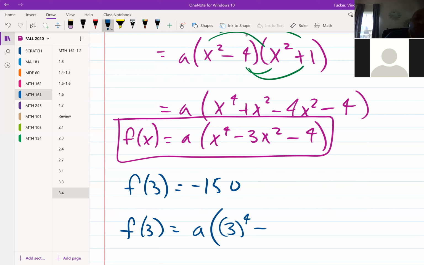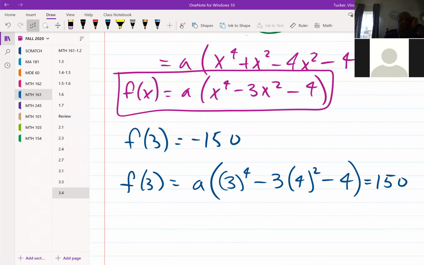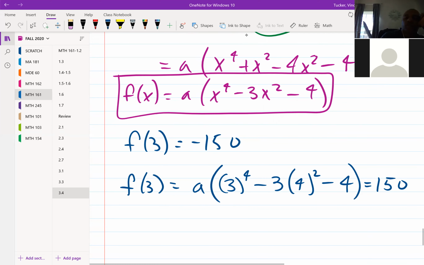That's going to be 3 to the 4th minus 3 times 3 squared minus 4, and that's supposed to equal negative 150. And if this quantity right here does not equal negative 150, then we'll be able to solve for a and put in there what is going to make the function equal negative 150.